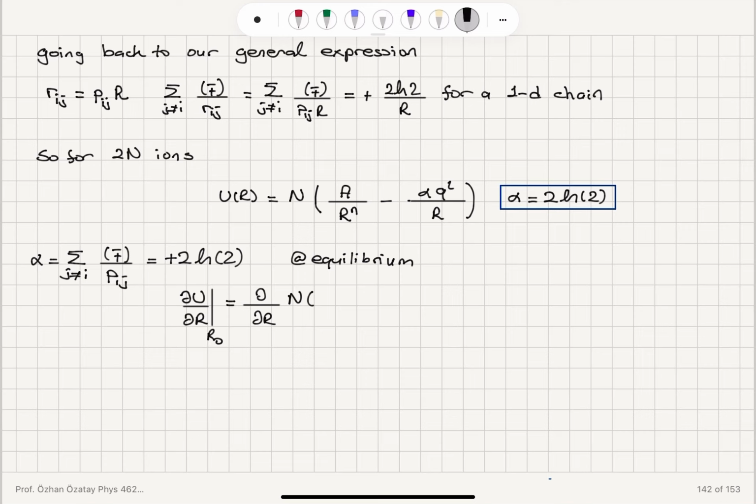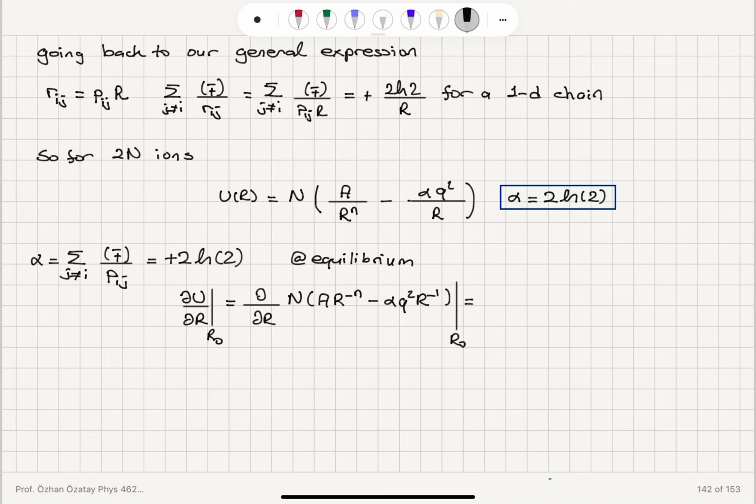Basically, we have, because 2 capital N ions, A R to the power minus n, and then we have minus alpha q square R to the power minus 1. So we need to take the derivative of this and evaluate it at the equilibrium separation R0.